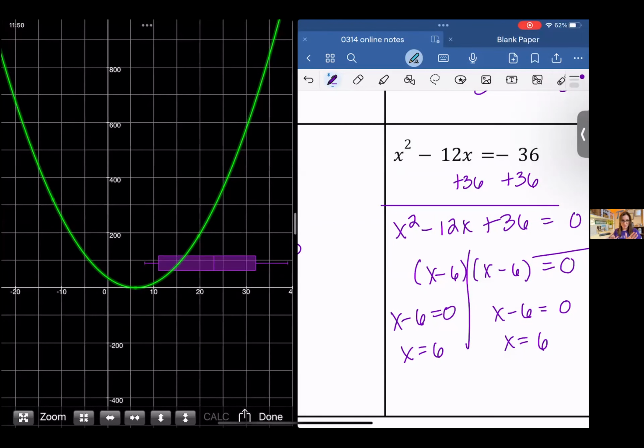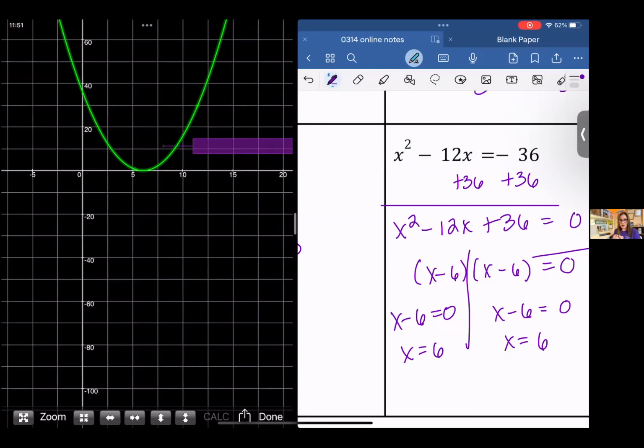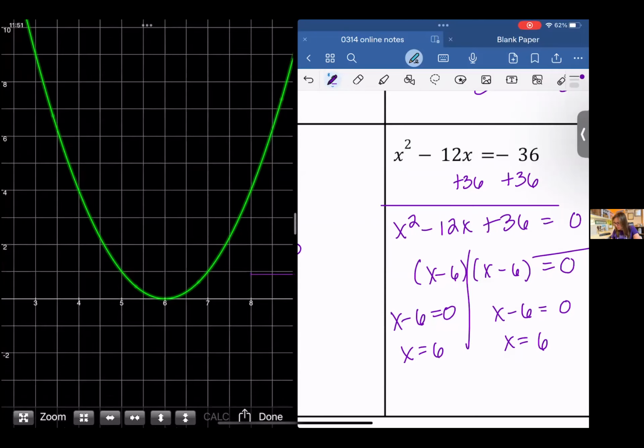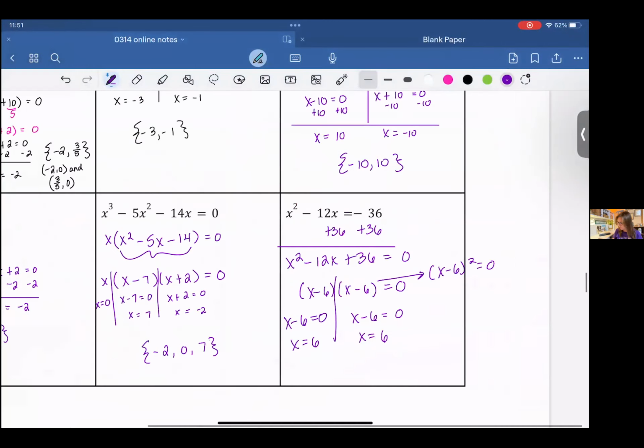Again, ignore this box plot. I should have just taken that off, but just ignore it. The green U-shaped graph is what we're looking at, and it does indeed touch down at 6. So that's that. It looks funny. That's why I paused. There it is. Now we can see it. Touches down at 6.